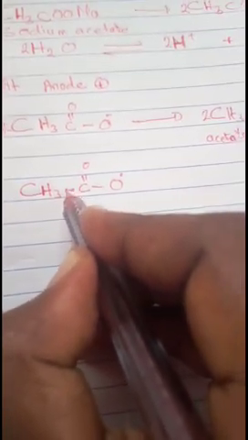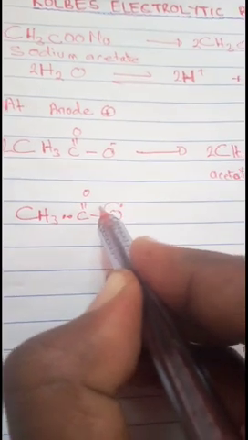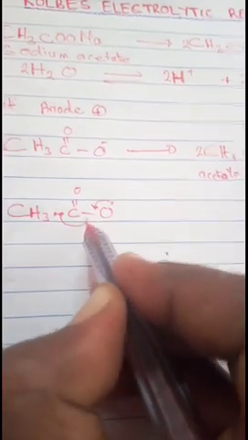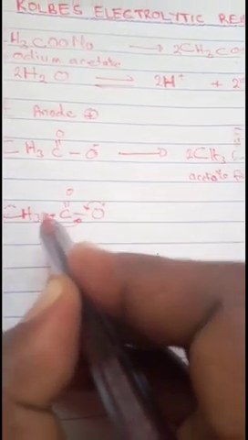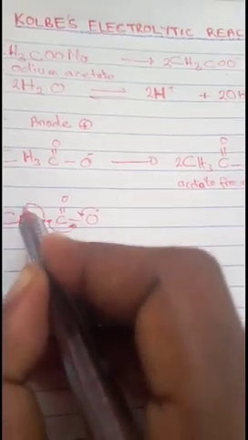Okay, this compound is unstable, so it is going to undergo rearrangement. CH3, C double bond O, O free radical. Then here remember it is bonded to 2 electrons. One of the electrons will break coming this way, and also this will break going this way.